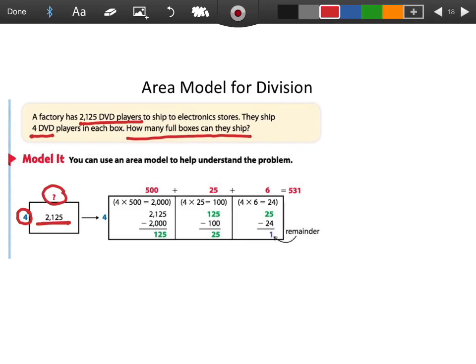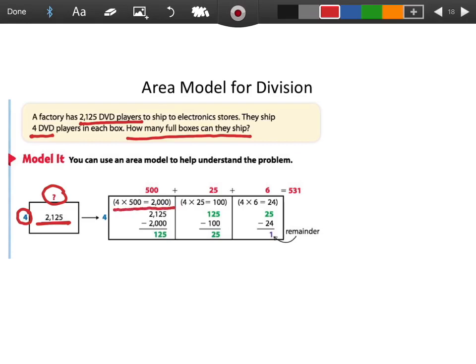So let's think about this. I know that I have 2,125 DVD players, and I'm putting 4 in each box. So let's think. Can I make 500 boxes of 4? Yeah, I can, because 4 times 500 is 2,000.